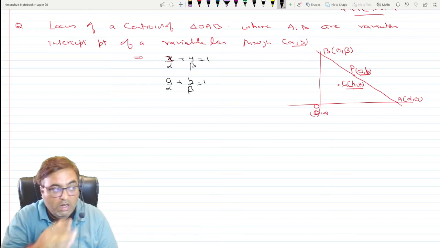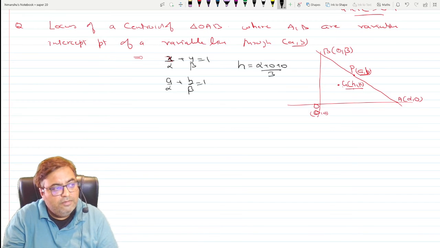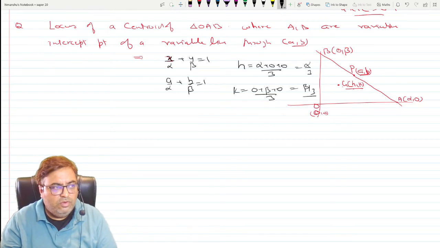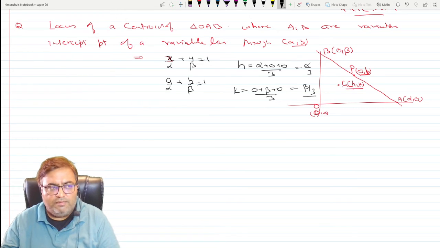Now, what we know: h will be (alpha plus 0 plus 0) by 3, and k will be (0 plus beta plus 0) by 3. So this is alpha by 3, and this equals beta by 3. This is all the information that we know. Now we have to create an equation which is in terms of a, b, constants and h, k only.